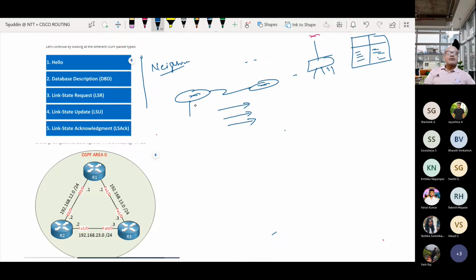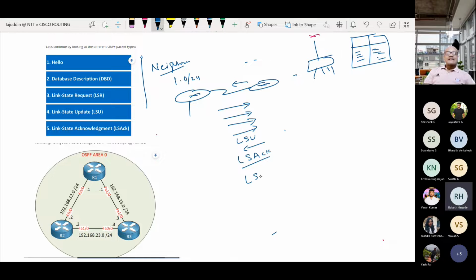This is my network, for example you are running 1.0 network /24. Once it has been sent and this guy accepted, then it will send the LSU, link state update. Then this guy will see, okay, fine, I received it: link state acknowledgement.